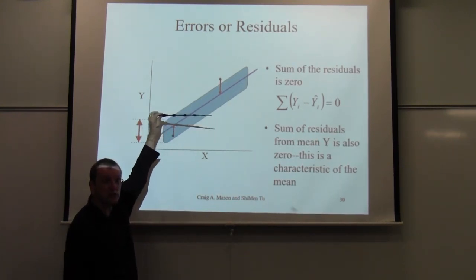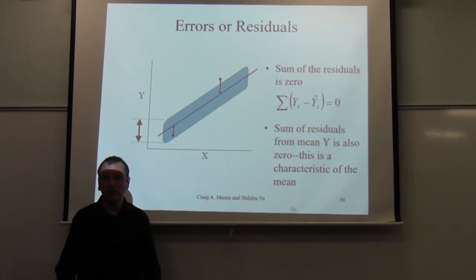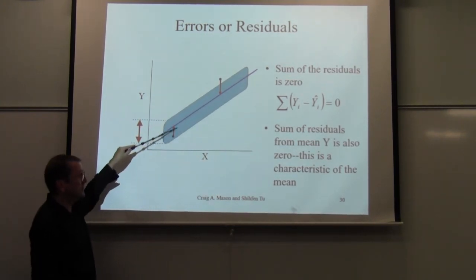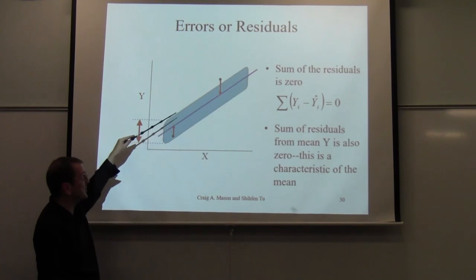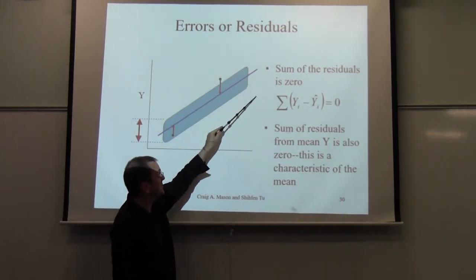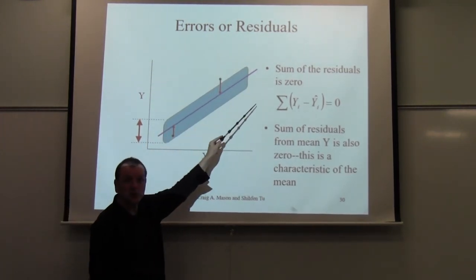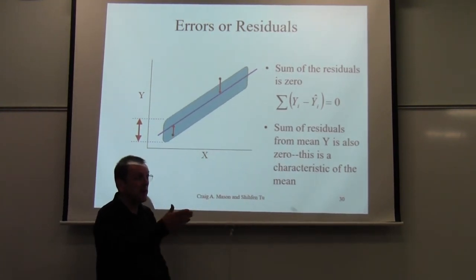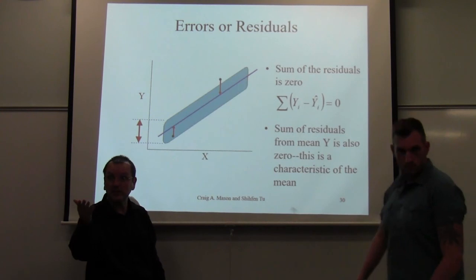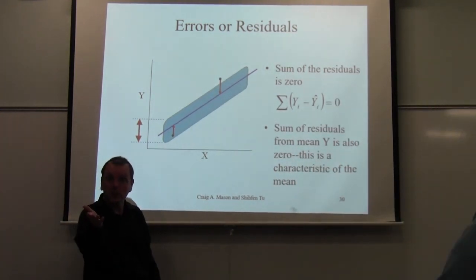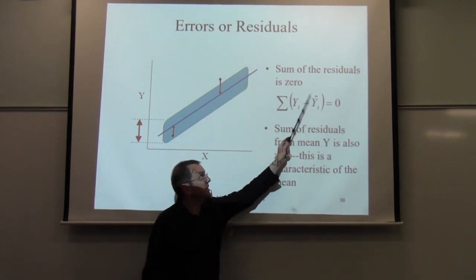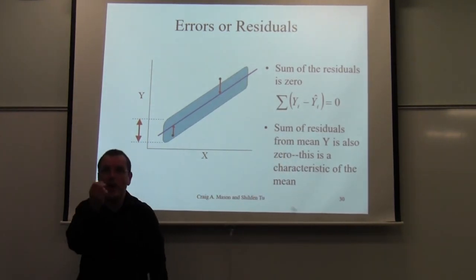I could also just pick a straight flat line equal to the mean, and I'd have some really big negative residuals and some really big positive residuals, but they'd still sum to 0 because the sum of scores around the mean is always equal to 0. So this doesn't help us form the line.